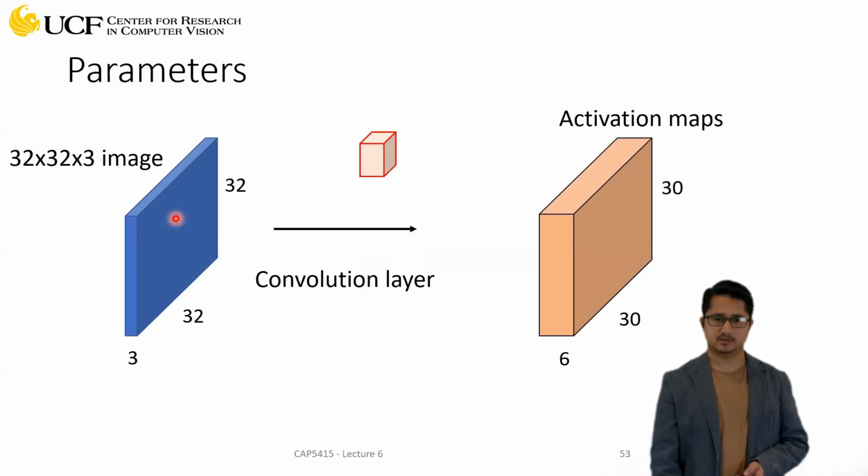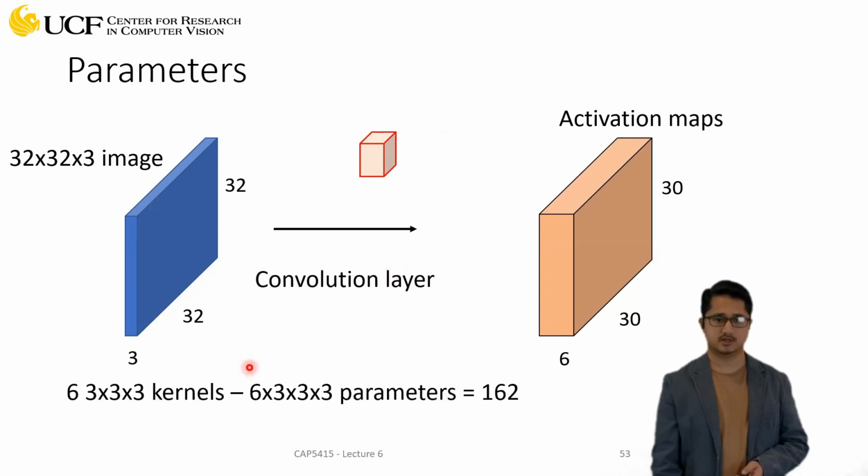So let's say you have this input image and you have a convolution layer, which is some set of filters. And let's say we are using 6 different kernels or 6 different filters. I will use these terms interchangeably, kernels and filters. We have seen it means the same thing. So we are using 6 different kernels, and the shape of the kernel is 3 cross 3 cross 3.